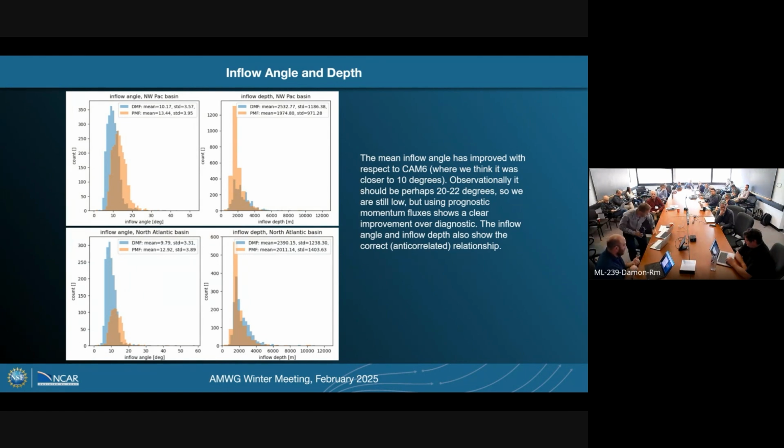We're not getting that quite right, but certainly prognostic looks better than diagnostic, both in the Northwest Pacific Basin and in the North Atlantic Basin. And we're showing the appropriate kind of anti-correlated relationship between the inflow angle and the inflow depth. So that's nice to see.